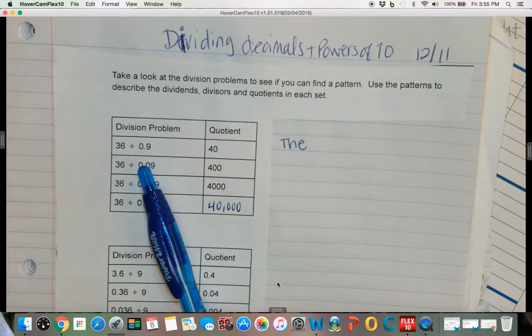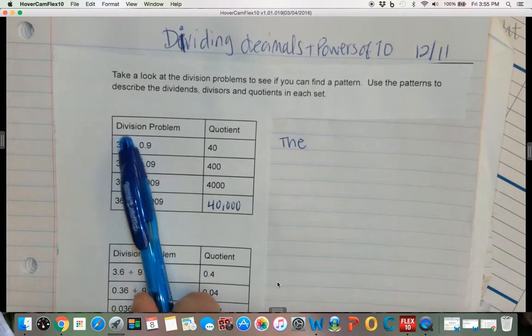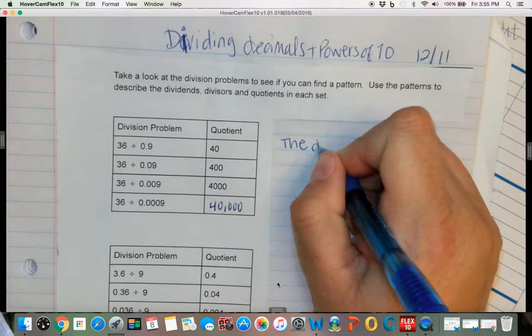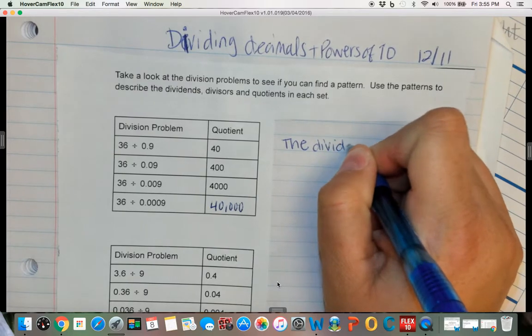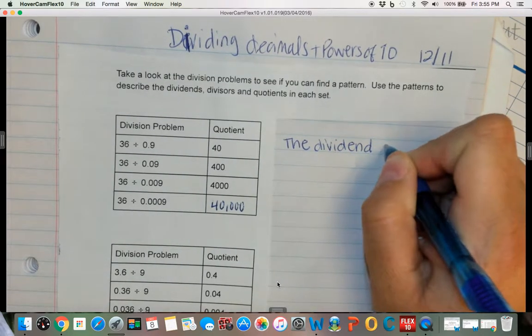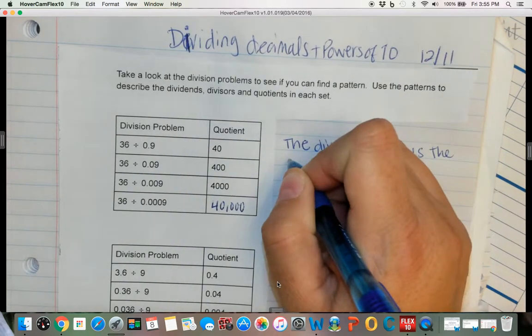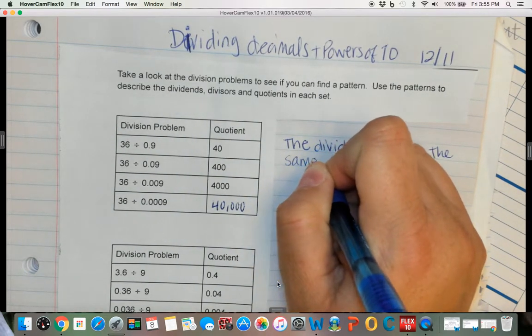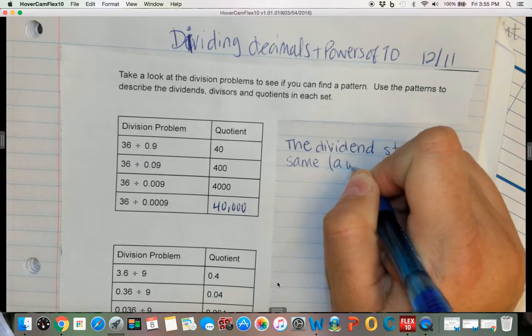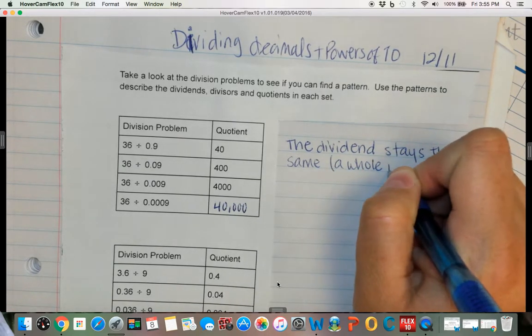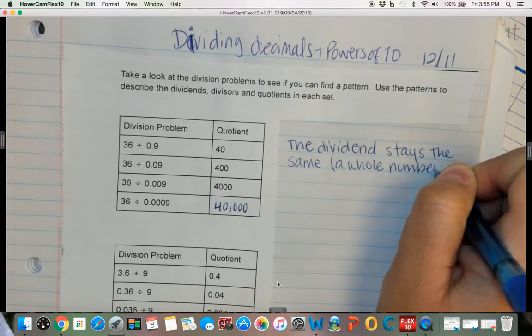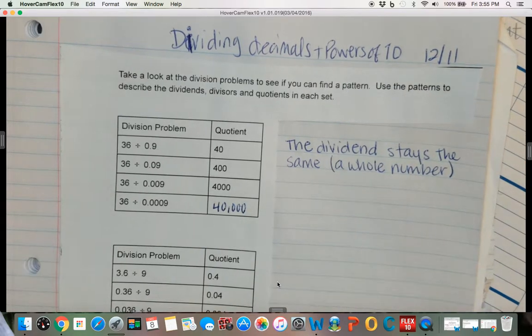The dividend, the one that's being divided, stays a whole number. It stays the same, right?